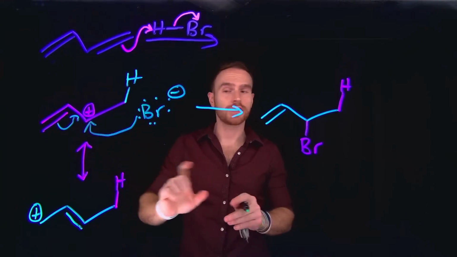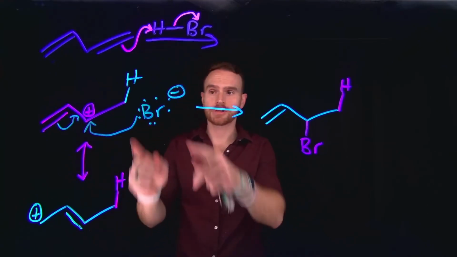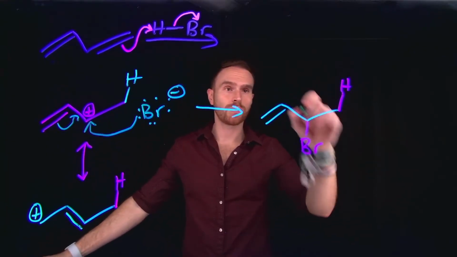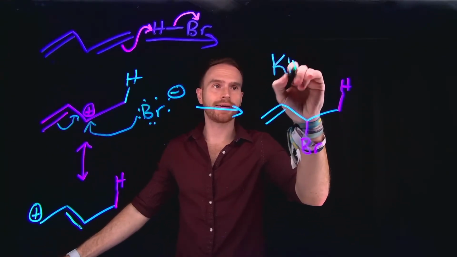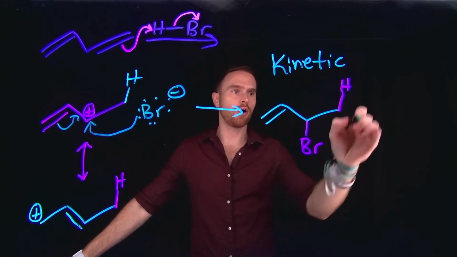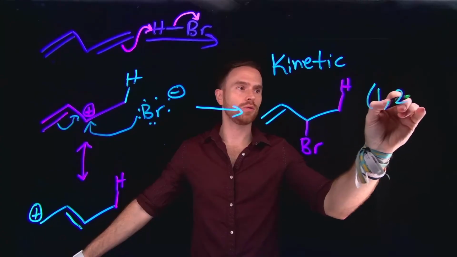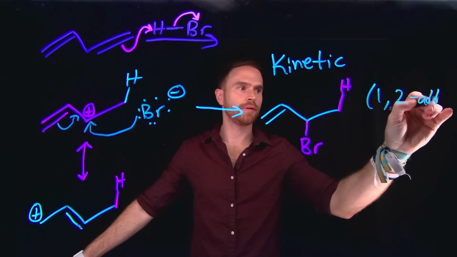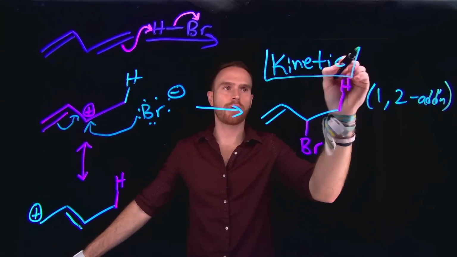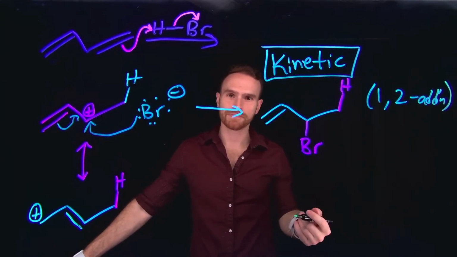In addition, there doesn't have to be any movement of electrons for this pathway to occur. So because it's so fast, we call that the kinetic product, because it is faster. And in fact, we call this a 1-2 addition. We call the 1-2 addition product the kinetic product because it happens faster.